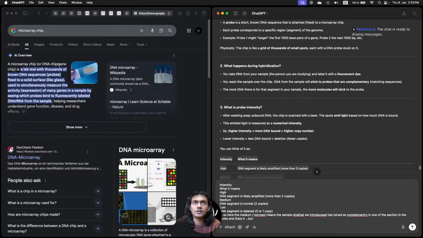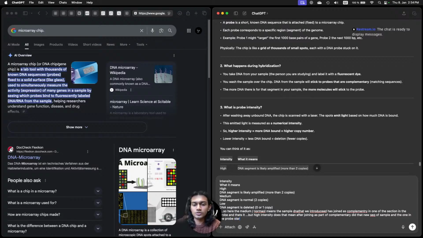But high intensity, does that mean that after joining as complementary, the new sequence of the sample and the one in the probe starts to replicate itself?